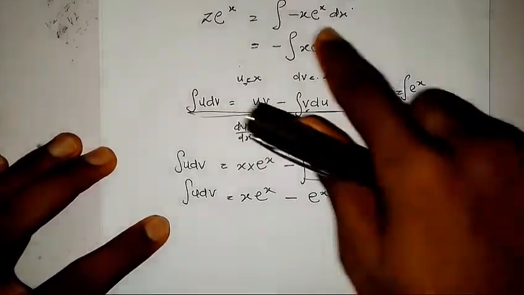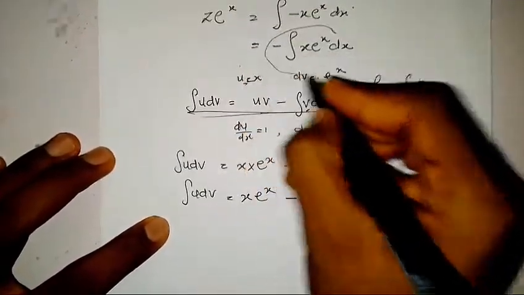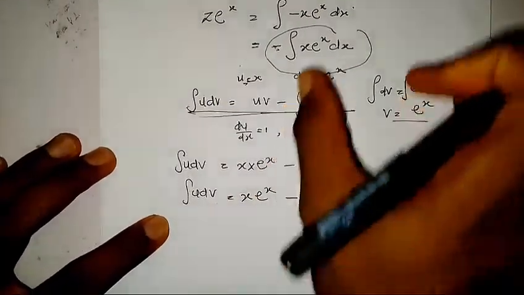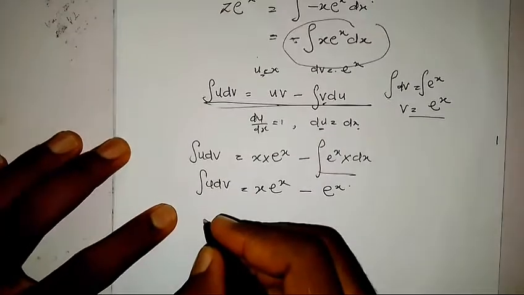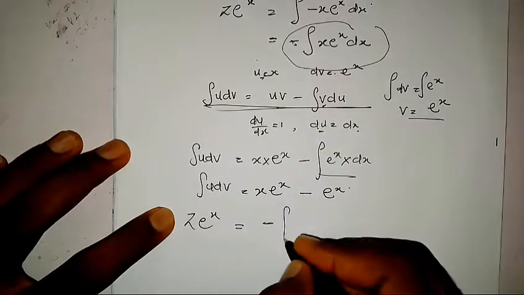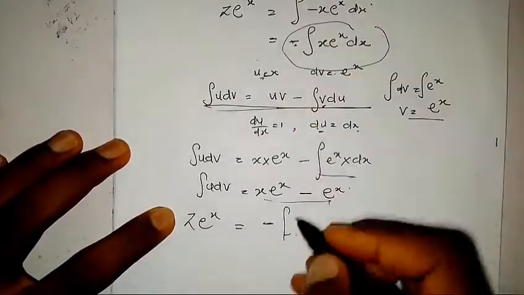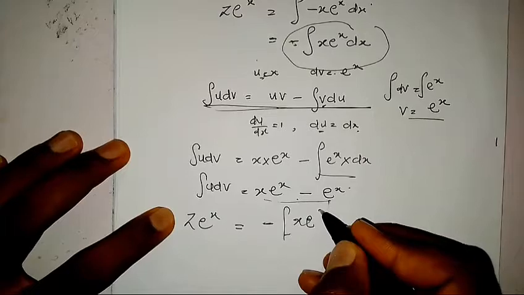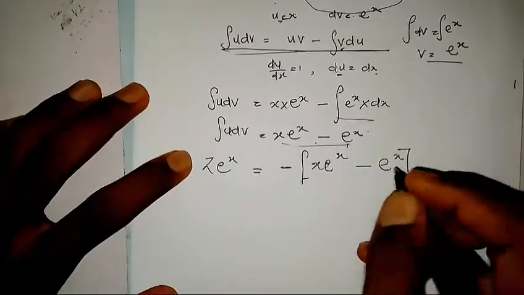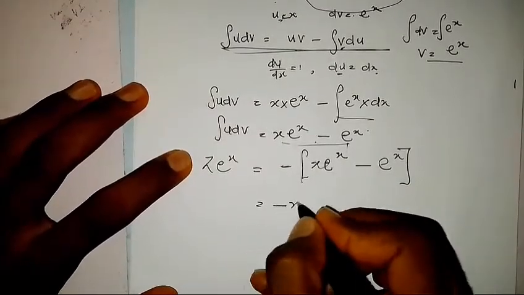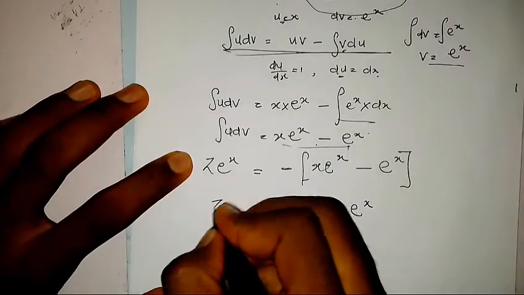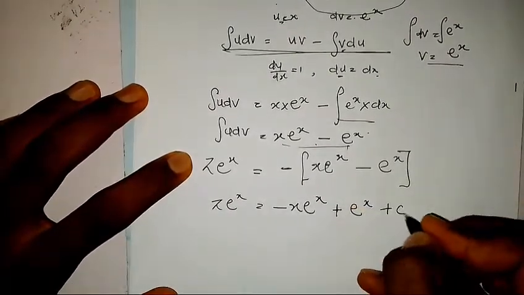So we return it back to this integral here. Remember, we integrated this factor and left the minus sign outside. So returning this factor here, we have z exponential x is equal to minus, open bracket, x exponential x minus exponential x, close the bracket. Multiplying through by the minus sign, this is minus x exponential x plus exponential x plus c, right?